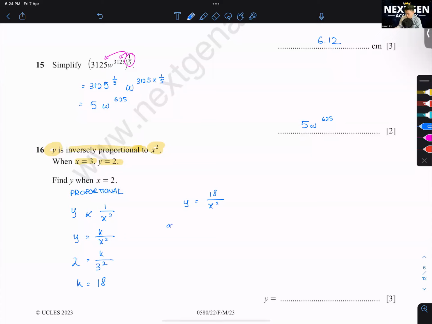Then they want us to find when x equals to 2, what's my y? So y is equals to 18 over 2 squared. Type this in, you'll get y equals to 4.5.